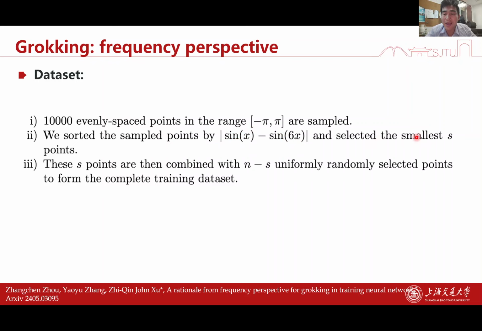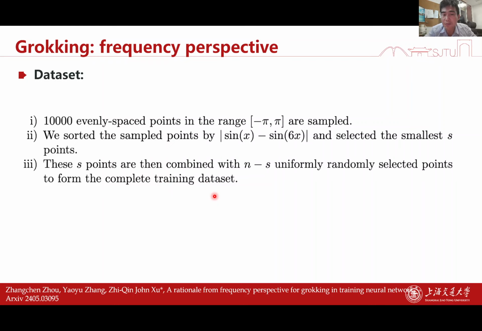So we sampled s data points. And for an experiment with n training data points, the remaining n minus s data points will be uniformly and randomly selected from the complete training data set of these 10,000 evenly spaced points.